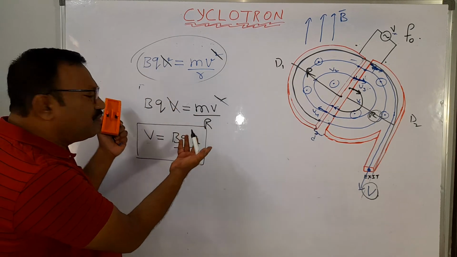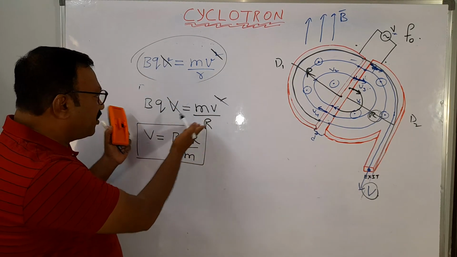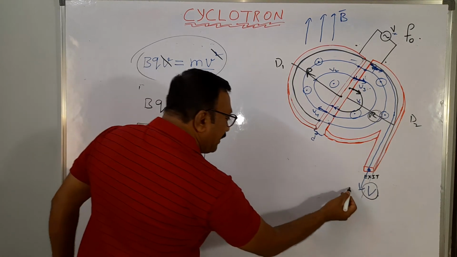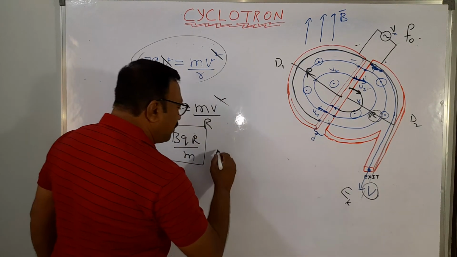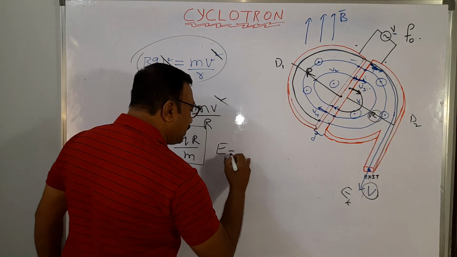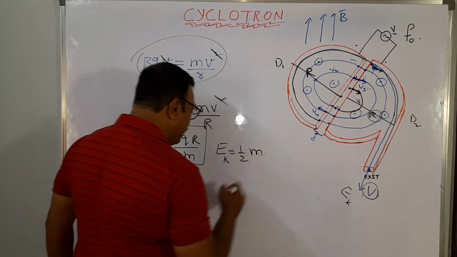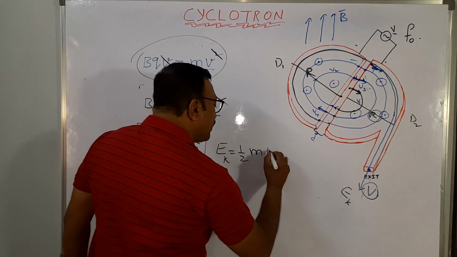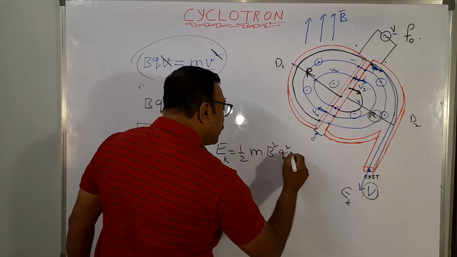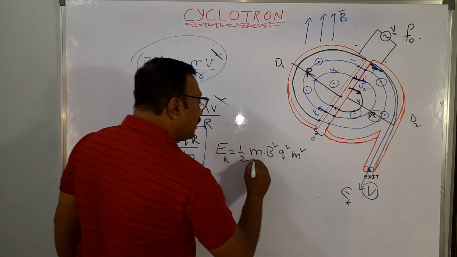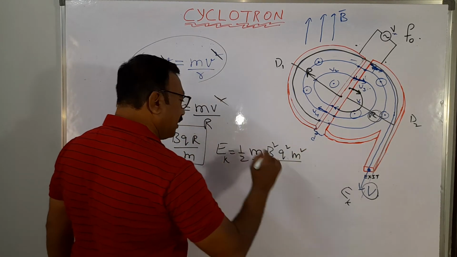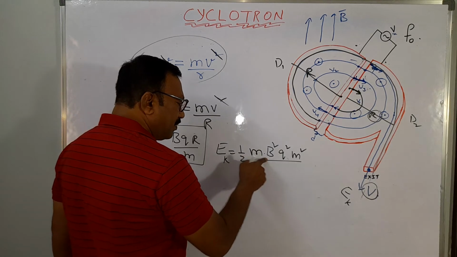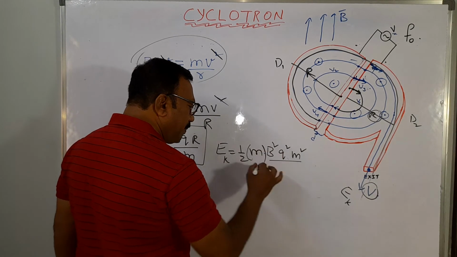Here also there is no new formula. You know this condition, we are already using it. Then what is the kinetic energy of the particle with which it comes out? The kinetic energy is equal to half M V square.